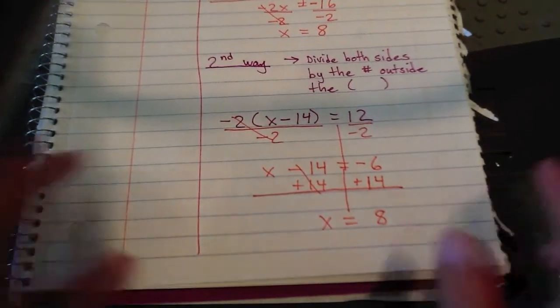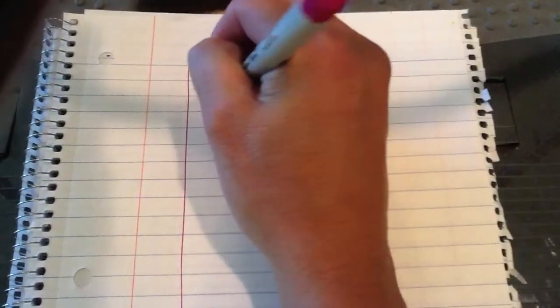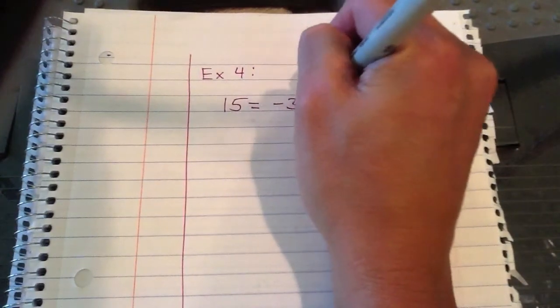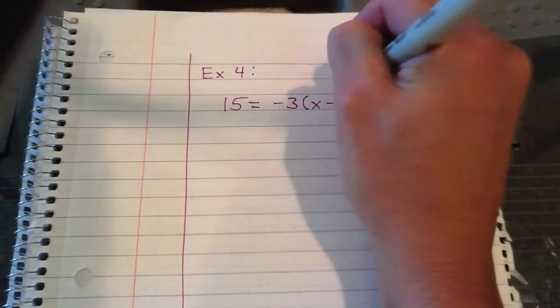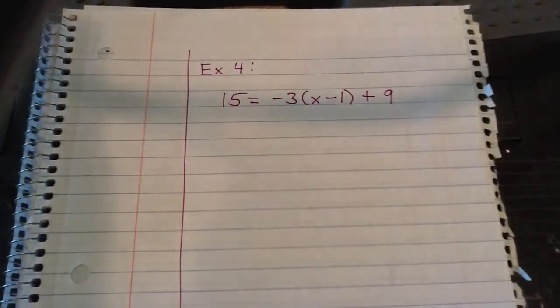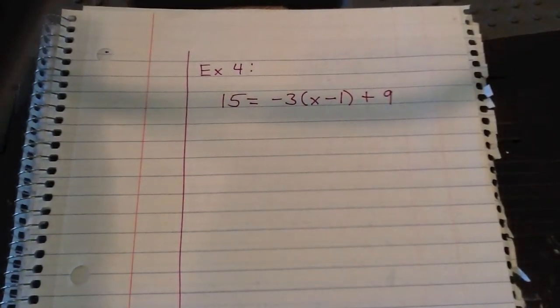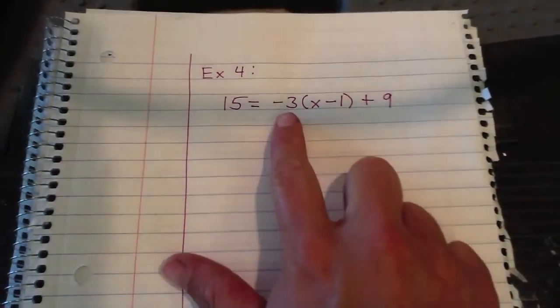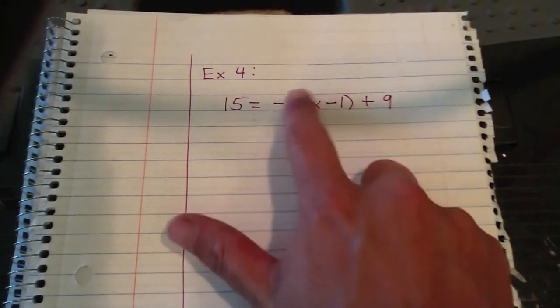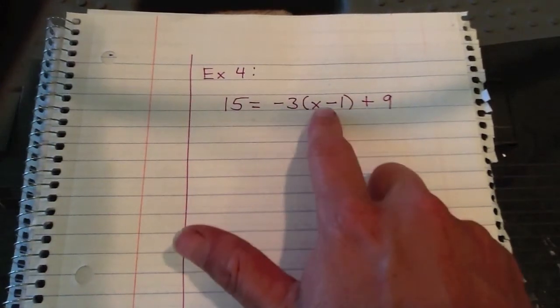Alright, last example. Over there. 15 equals negative 3 times x subtracting 1 plus 9. Okay, so I just talked to you about the fact that you could divide right here. The problem is you can only do that when this is all you have on one side.